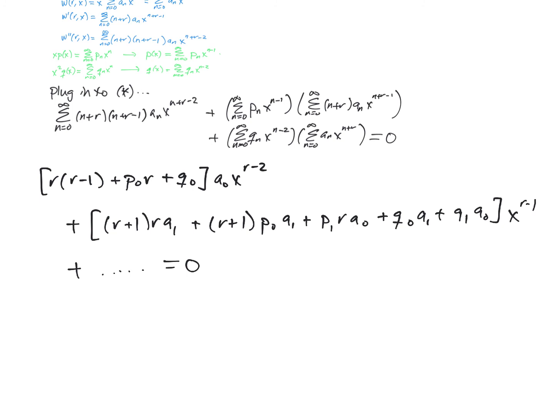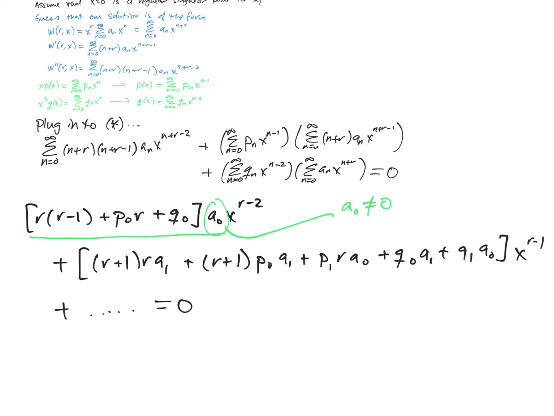Now, remember the way that we do this is if this infinite series, this power series, is equal to 0, then all the coefficients are going to be equal to 0. So in particular, this first coefficient has got to be equal to 0. We can assume that a naught is not 0 because it's the first term of our power series of what we're assuming W is, up here.